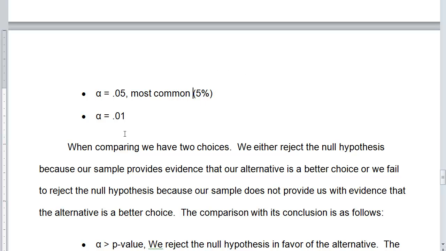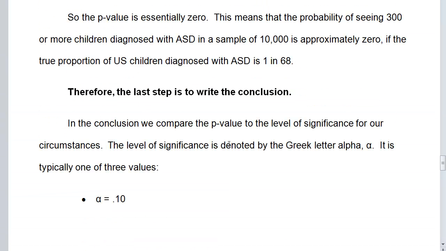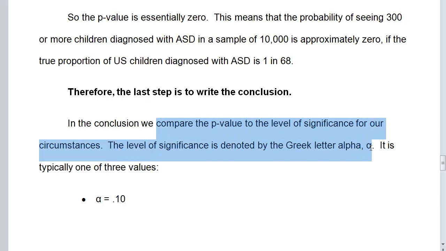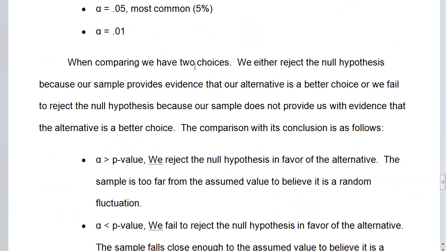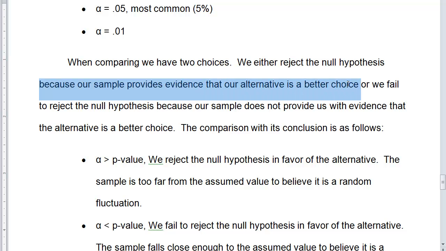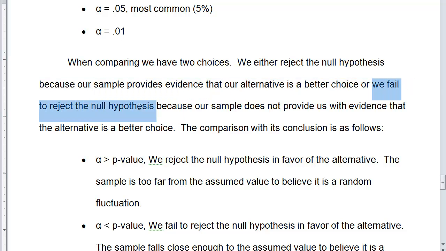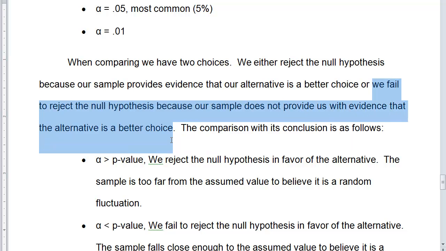So when comparing, we have two choices, right? Because remember, we're comparing the p-value to our level of significance, to our alpha, okay? And so we basically have two choices. We either reject the null hypothesis because our sample provides evidence that our alternative is a better choice, so that's one option, or we fail to reject the null hypothesis because our sample does not provide us with evidence that the alternative is a better choice.